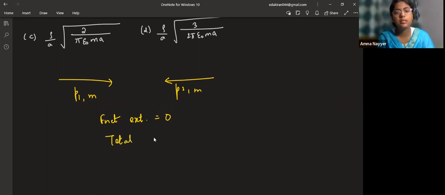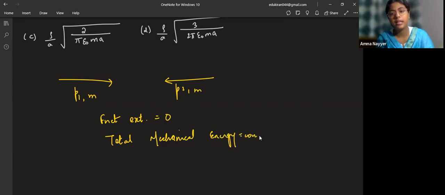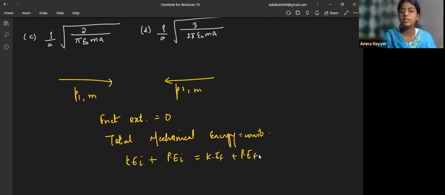Total mechanical energy remains constant. It means initial mechanical energy, which is the sum of kinetic and potential, so initial kinetic energy plus initial potential energy is equal to final kinetic energy plus final potential energy. Initially they are released from rest.